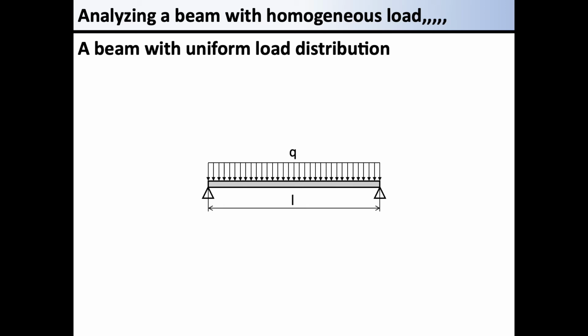In this problem, the load Q is distributed uniformly. The unit is Newton per unit length. For example, in this illustration, the length of the beam is L. So, the product of the length L and the load Q is the total force acting on this beam.